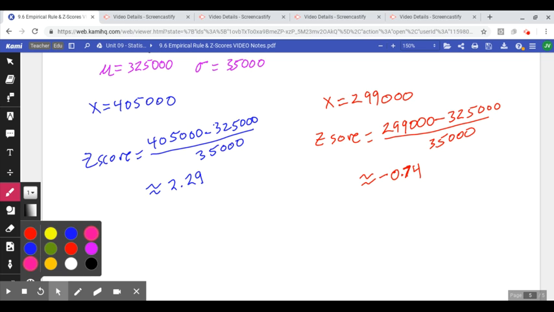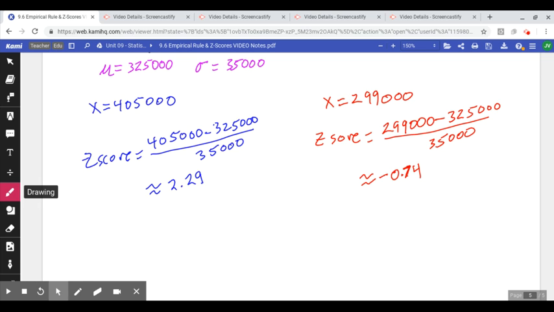I'm thinking that z-score of 2.29 compared to negative 0.74 is more unusual. 2.29 would be more than 2 standard deviations to the right of the mean. Negative 0.74 is within 1 standard deviation of the mean. So the negative 0.74 data value is closer to the mean than the 405,000.